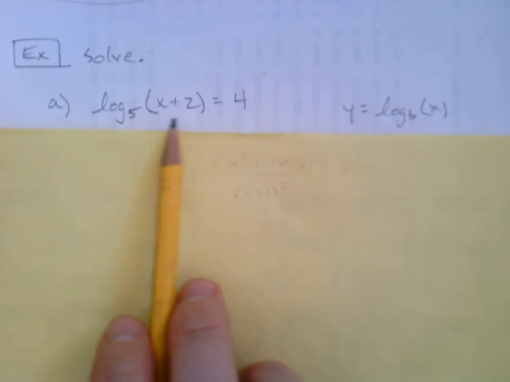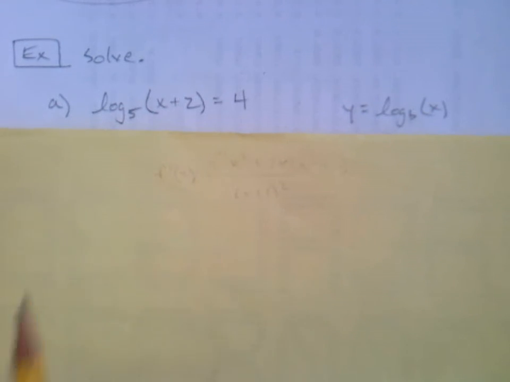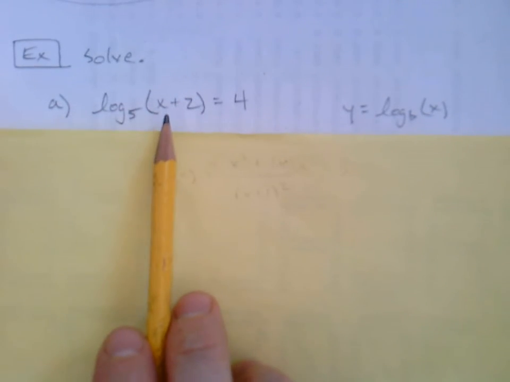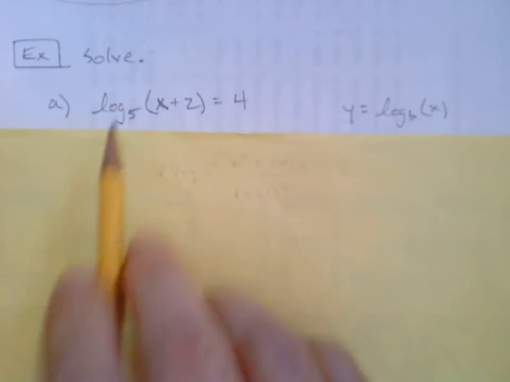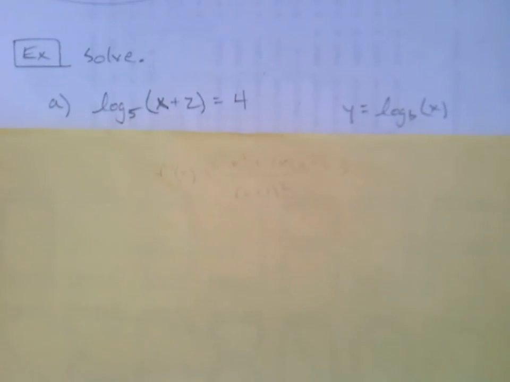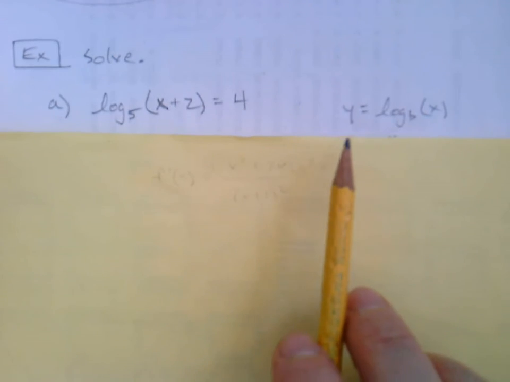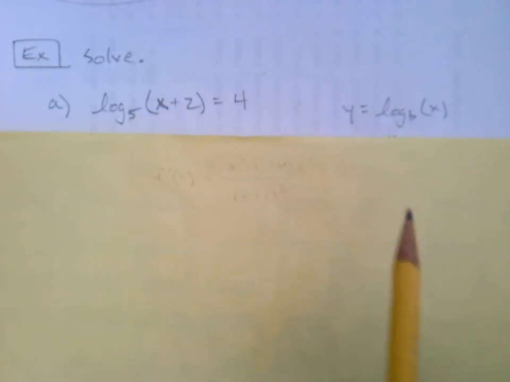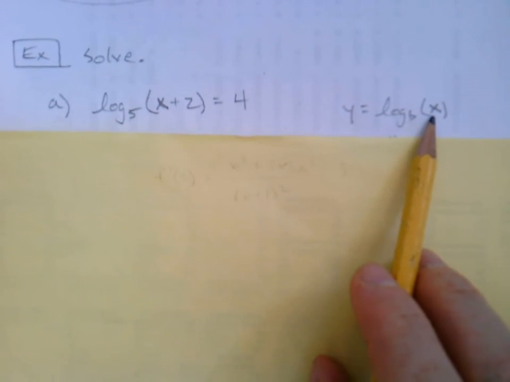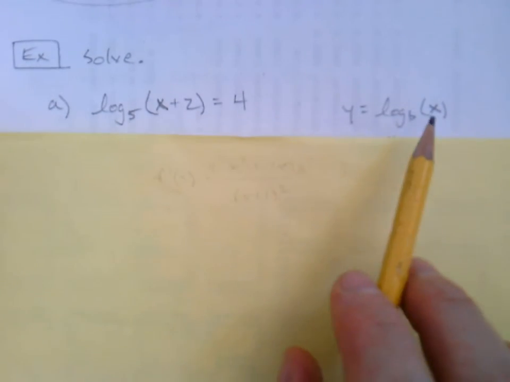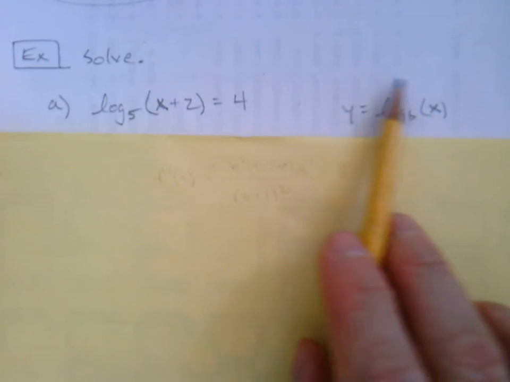We've got this logarithmic equation: the log of x plus 2 with base 5 equals 4. And so we recognize we are given something in the logarithmic form. Although here, we don't just have x, we have x plus 2 in there for our argument. But we can still follow this pattern.